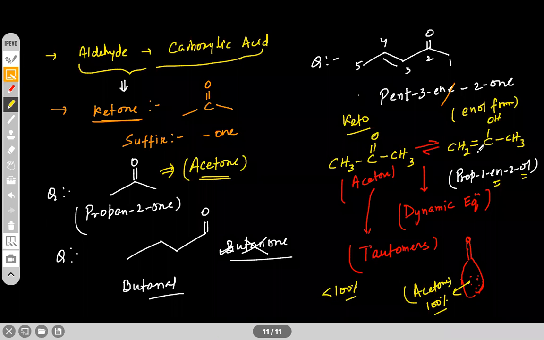Okay, right. So this is a ketone. And in this functional group, yes, Kiran, tell me. Kiran, I'm waiting. What is the next to acetone 100%? Where 100%?